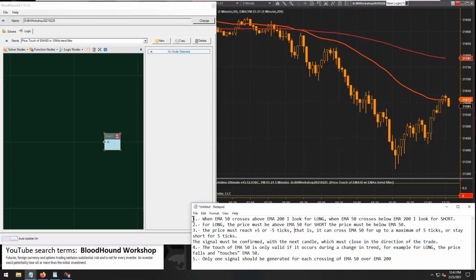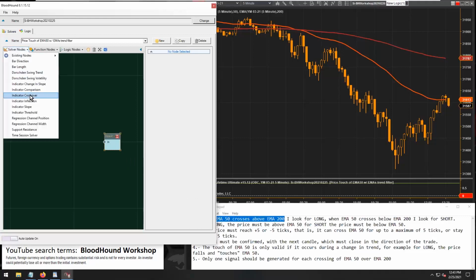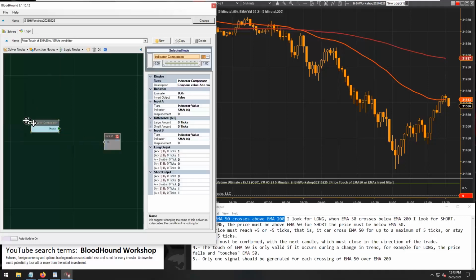So condition number 1, fairly easy, right, is the EMA50 above or below the EMA200. So that's just a straight comparison solver right here. Grab a comparison solver. And so we're going to compare the EMA50 to the EMA200. Pretty straightforward.